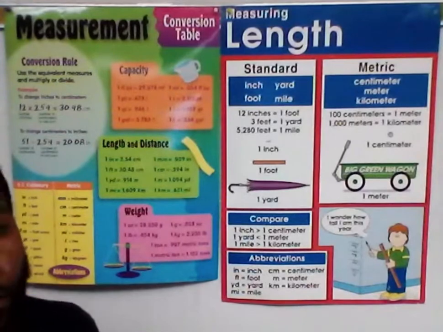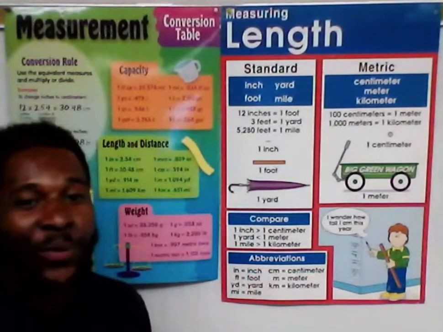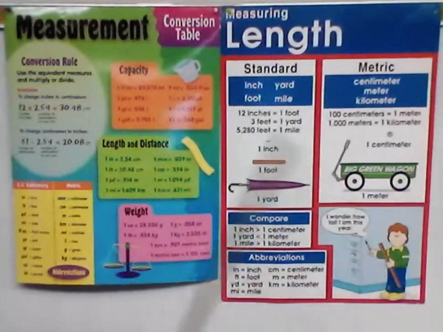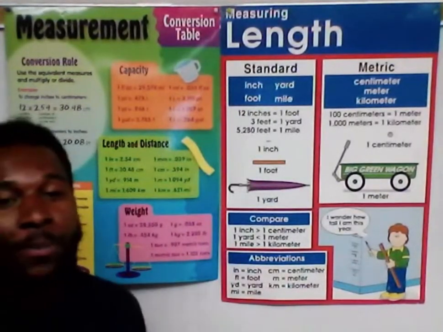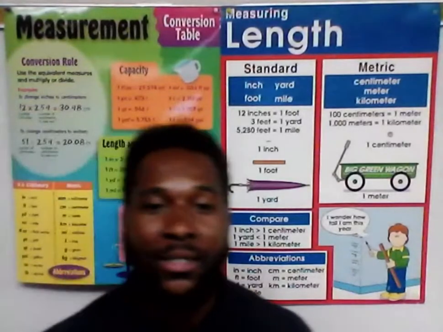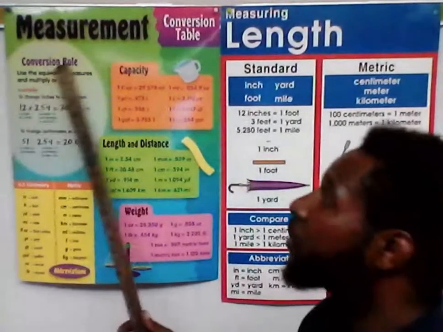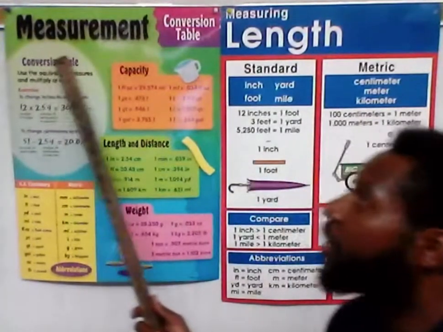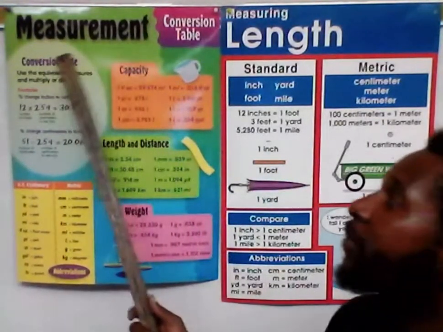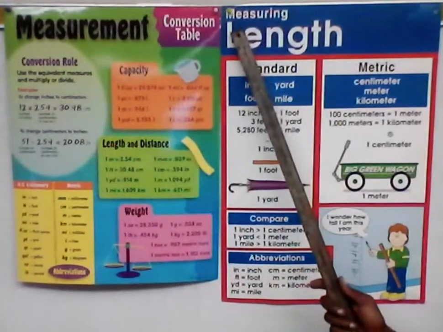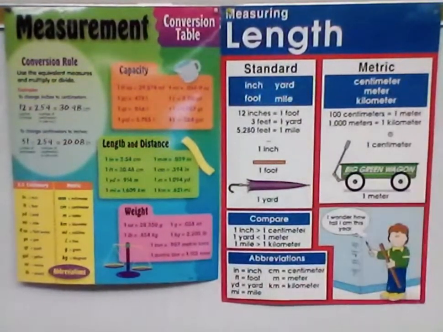So we also learned that that is what we call the control variable. The fact that these two things are posters helps us control the differences. Now, when we're looking at these two different models, we see that this model is representing measurement in the form of conversions, and this is representing measuring lengths.